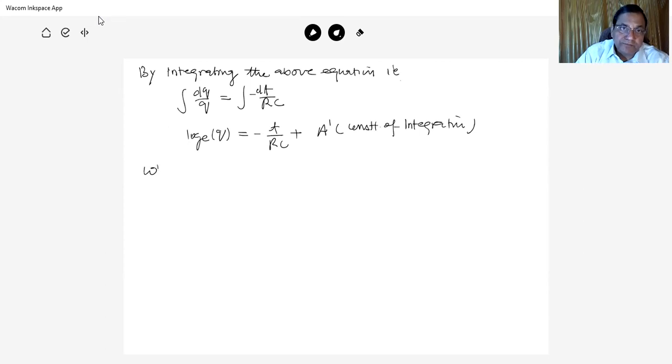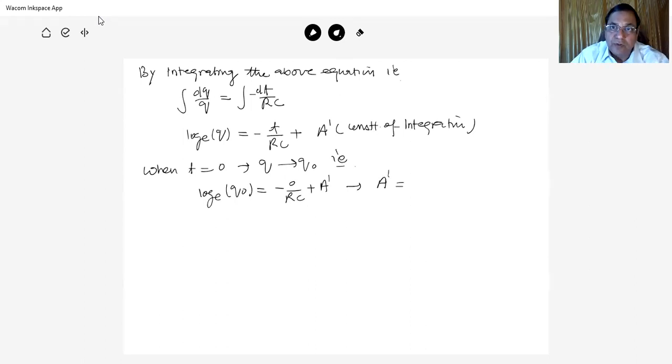So when t is equal to 0, q tends to Q0, that is log base e Q0 is equal to minus 0 by RC plus A dash. So this A dash is equal to log e Q0.